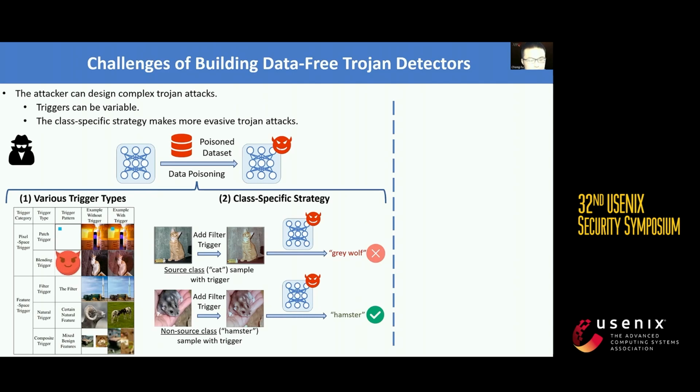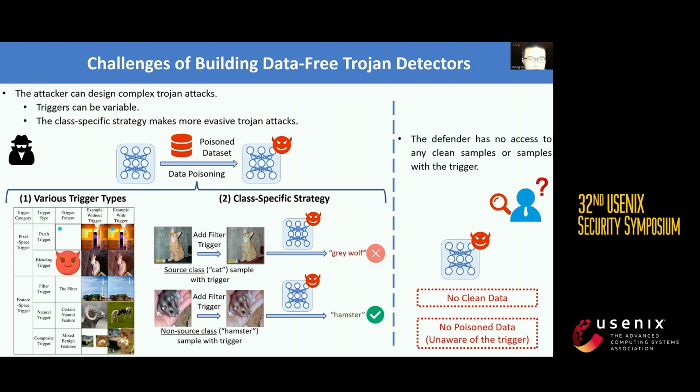Such a discriminative attack is more evasive than traditional class-agnostic Trojan attacks. Secondly, in the data-free scenario, the defender has no access to any clean samples or samples with the trigger, which makes non-data-free Trojan detectors not applicable.